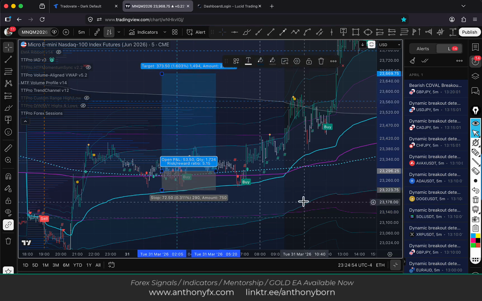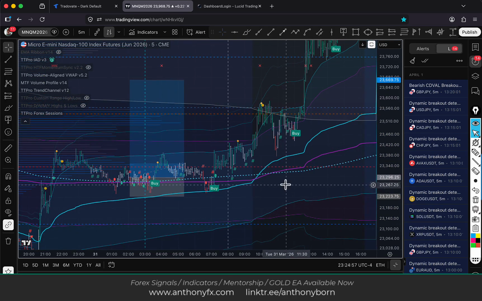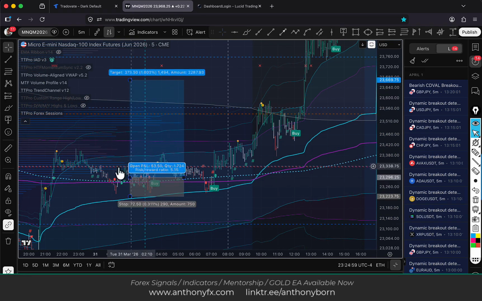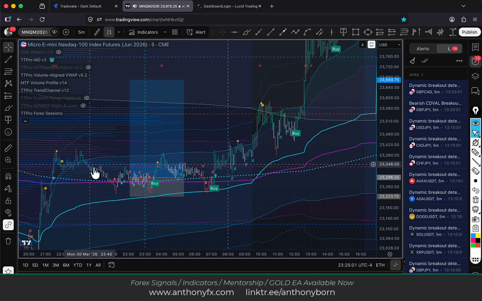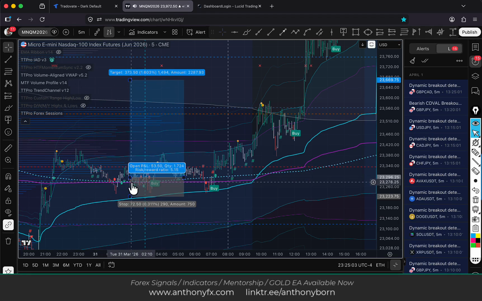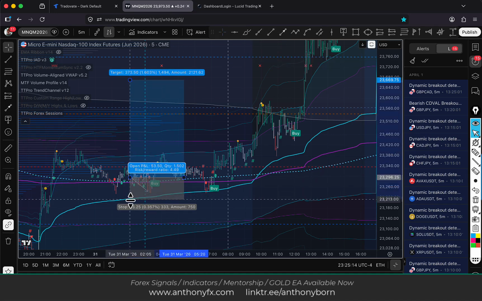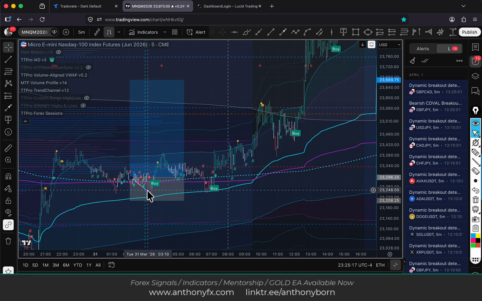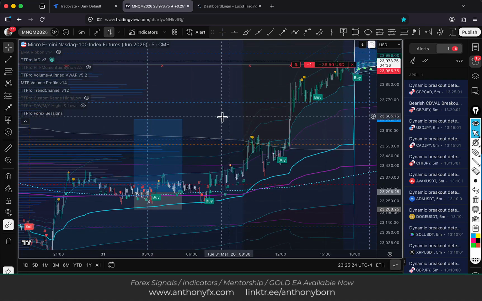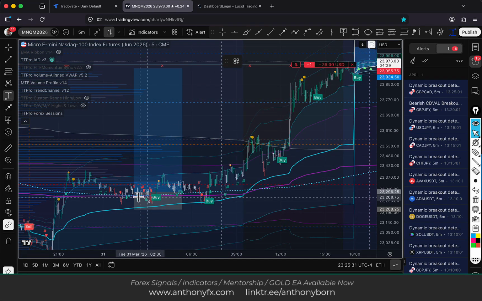Actually, I sent it in to VIP, and then I didn't send this one in. So I saw this pullback, and it did this from here to here, and I got a bit concerned. Stop was under, and I ended up bailing on that. Do you know what that's worth? I'm going to catch one of these sooner or later.